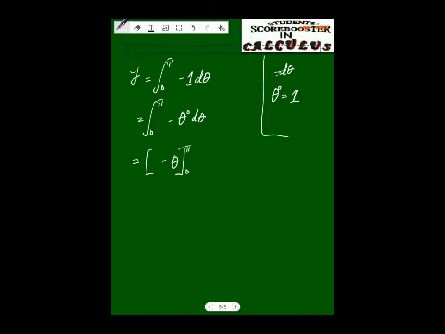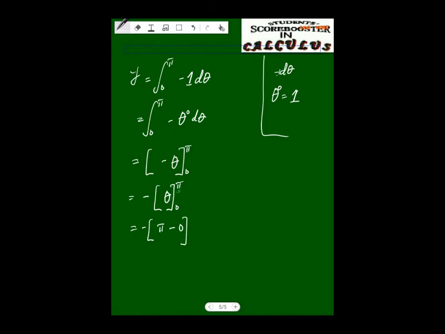I want to believe that up till this moment, everything is still clear. If you like, you can bring out this minus and have theta inside the bracket, and you have pi. So now you have minus into, I want to be consistent, minus into pi minus 0.